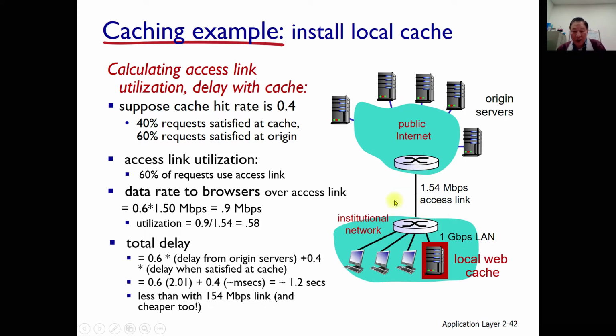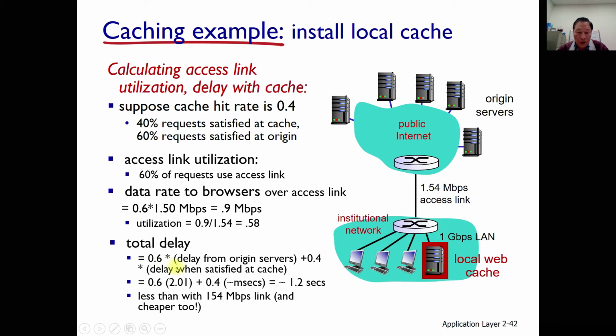This access link will be busy because of that. That means 60% of requests use the access link. Then full bandwidth, we are dividing this, then utilization is like this.